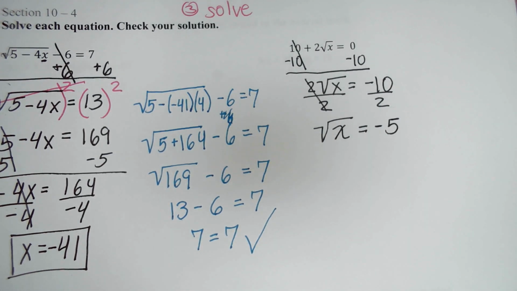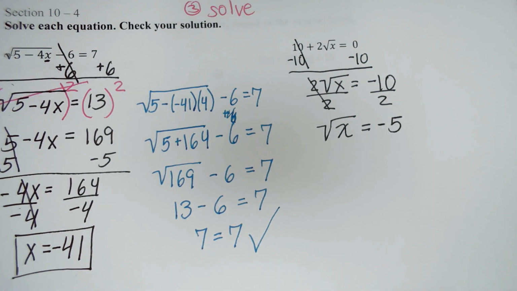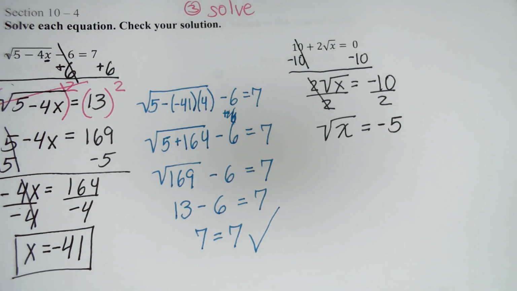Now, at this point, we have to do some thinking. If I'm taking the square root of a number, then that means that I am finding what number times itself would equal that product. Well, the square root of a number can't be a negative.